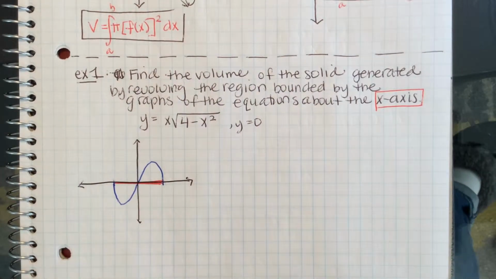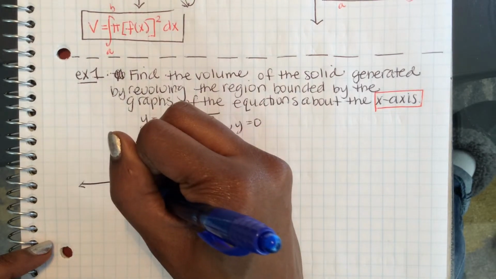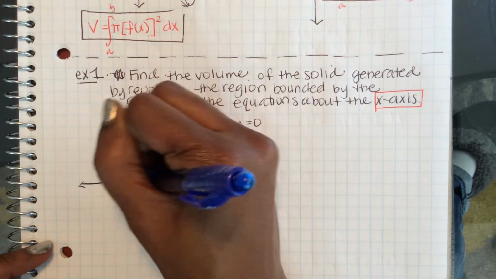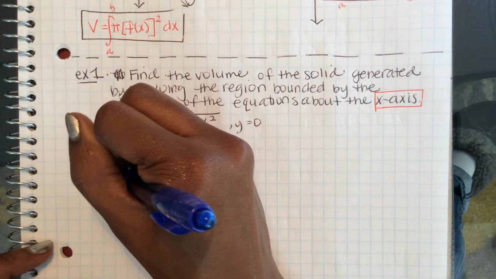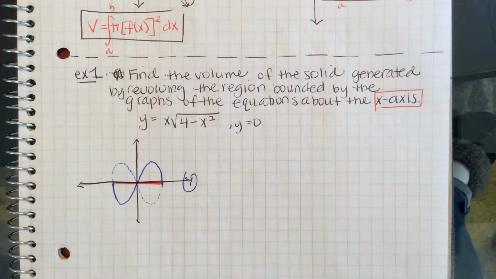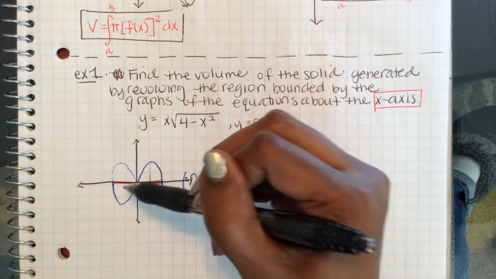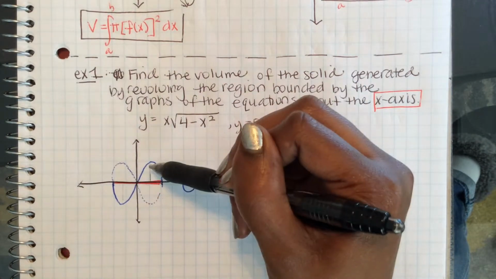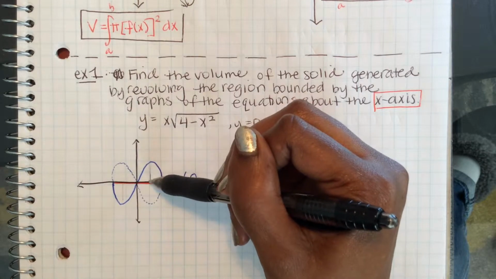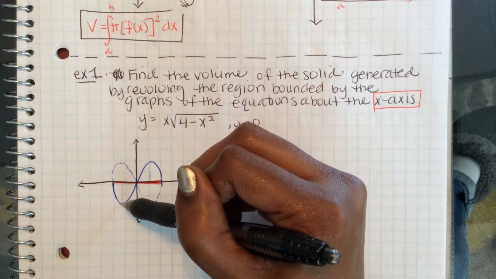Now if I rotated that about the x-axis, this will be mimicked here, and this will be mimicked here. Now I notice here my radius is different than here because we have an upper minus a lower that is different than my upper minus my lower for this piece.